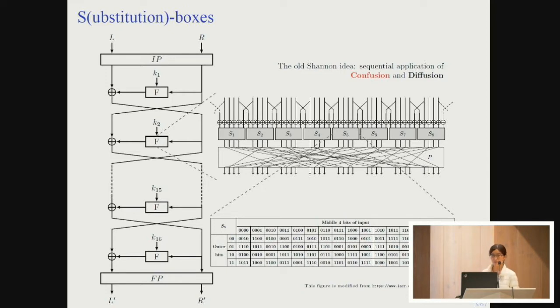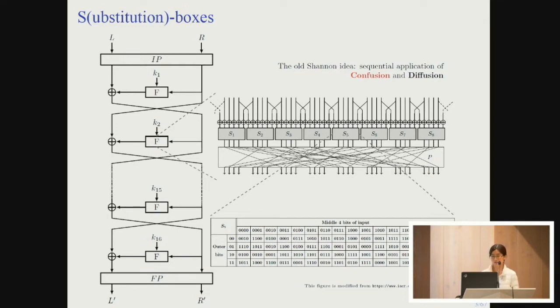Confusion is generally provided in the form of a substitution box, S box for short. The natural question is how to distinguish a good S box from a bad S box. Developed over several decades, the design criteria on S boxes have evolved, both for the security aspect and the implementation performance aspect.